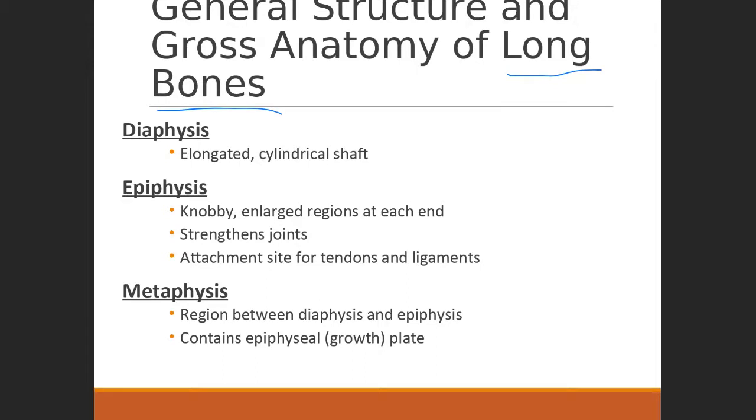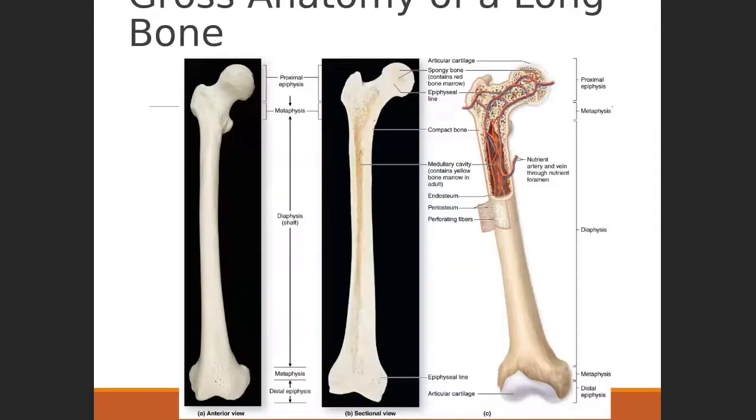The diaphysis is where we want to turn our attention to first. It's the shaft of the bone. Every long bone has got one piece that we refer to as the shaft. That's the diaphysis. Every long bone has got a singular shaft. On the proximal and distal ends, we are going to have our epiphysis.